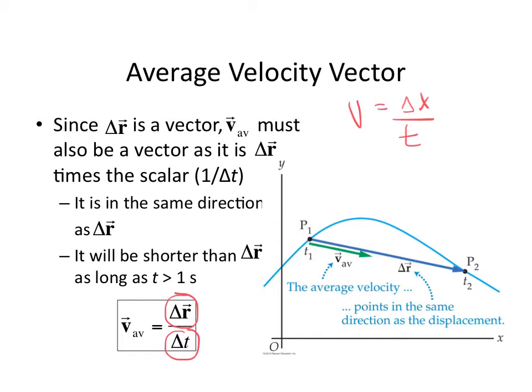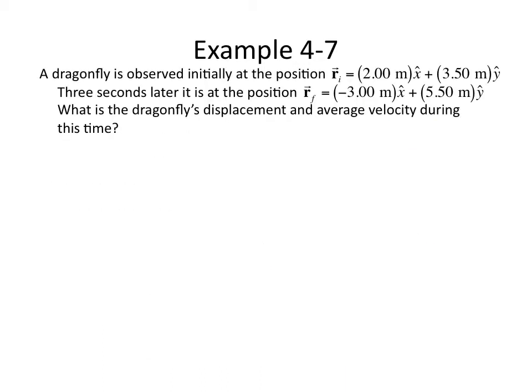What other kinds of vectors do we have right here? Well, we have acceleration, which we'll get to a little bit later, but let's do an example first. Example 4-7. So this is saying that it has an initial position. The initial location of it is 2 meters x hat and 3 meters y hat.